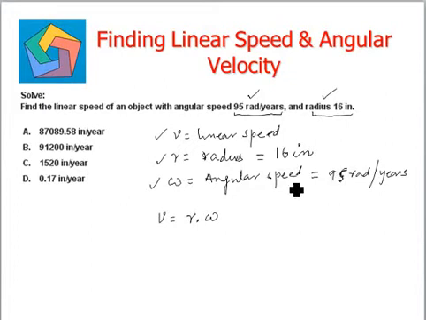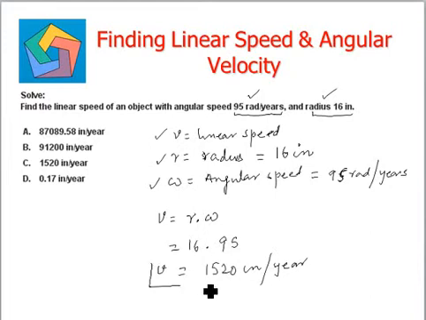Now what will we do? We'll plug the values in the formula. R is 16 times omega is 95. When we multiply this, we get 1520 inches per year is the unit for the linear speed. This is the final answer. Can be seen in option C.